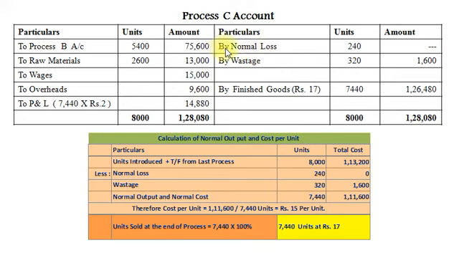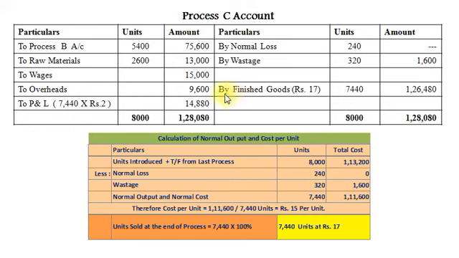Then by normal loss on credit side. So we have total material input 5 plus 2, 7 plus 1, 8,000. 8,000 into 3%, it would be 240 with no realized value. Then by wastage 4%, that is 320 with realized value 1,600 rupees.